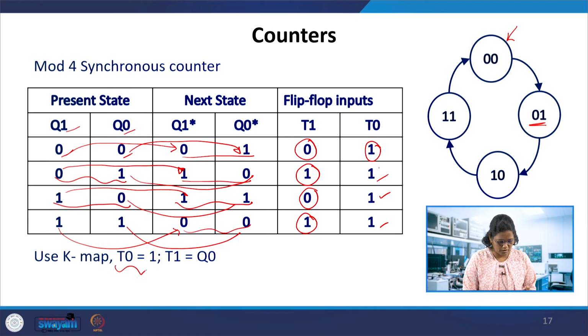So T0 is equal to 1 all the time, and T1 is, if you take this one and this one, Q1' Q0, and this is 1, and here Q1 and Q0'. Okay, so these two cases, Q1 Q0 and this one Q1' Q0.